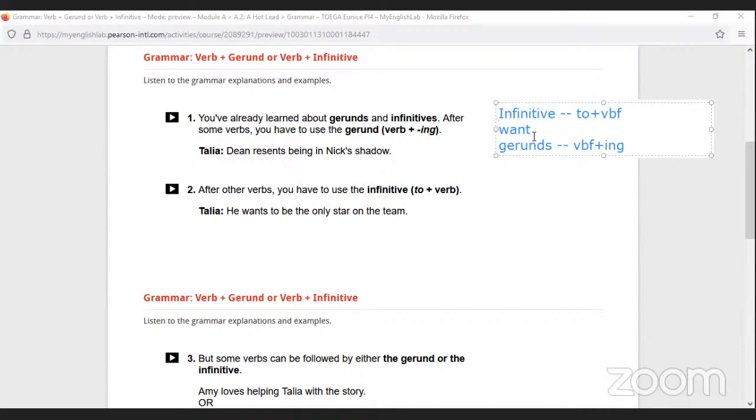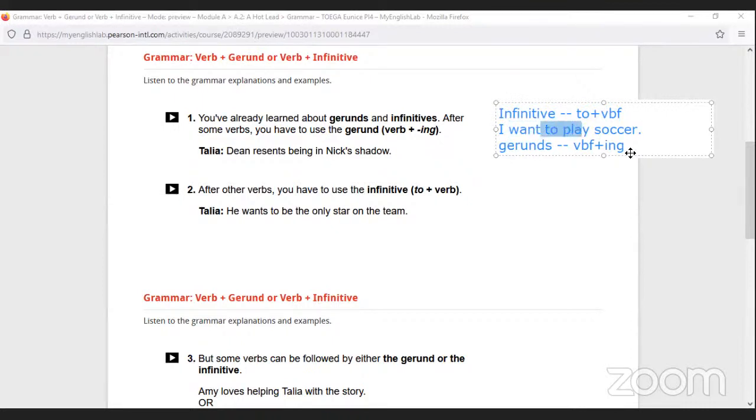After this verb, I will always use an infinitive. For example, I want to play soccer. So after want, I always use an infinitive.